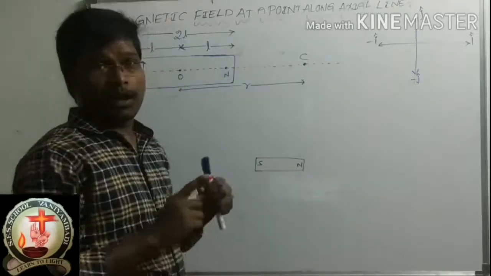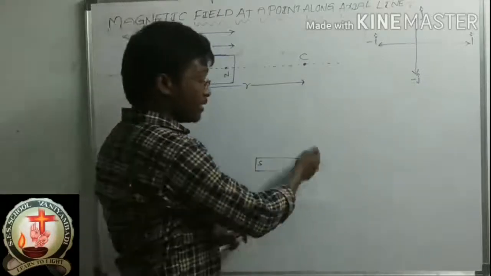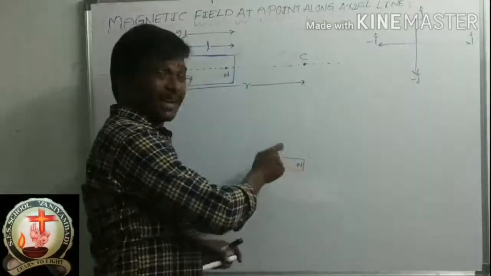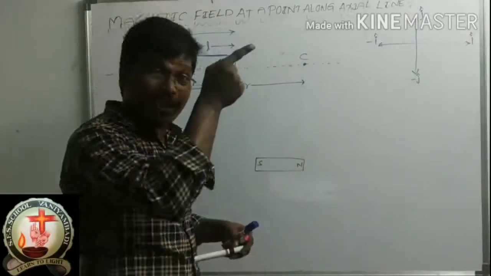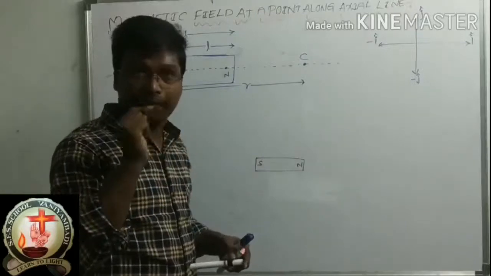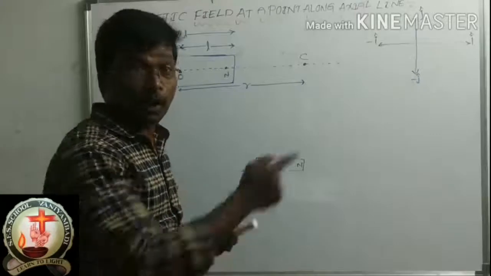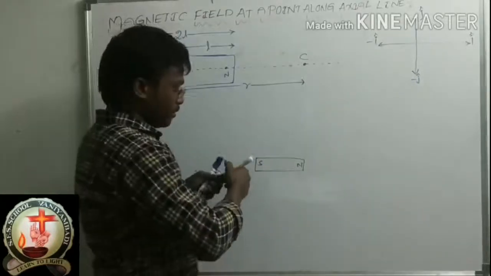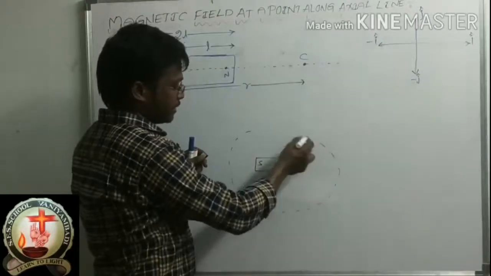As I told you before in classes, around this region the magnet has some attractive power. The region having that attraction power is what we call the magnetic field, correct? So this magnet has some amount of magnetic field around it.